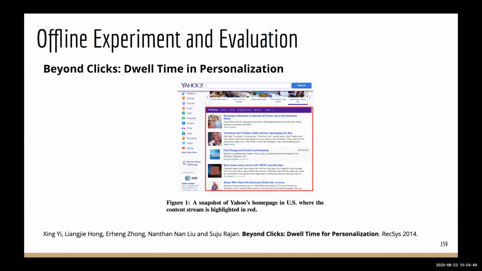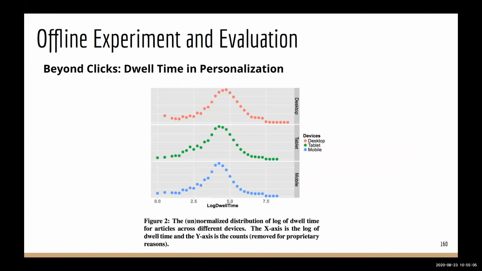First, let me talk about one work where we have the correlation relationship. This is a work we did back at Yahoo, and it's really about trying to utilize dwell time as that proxy.